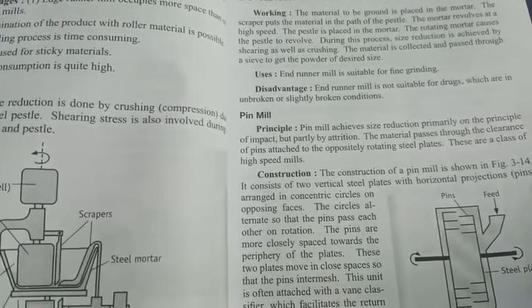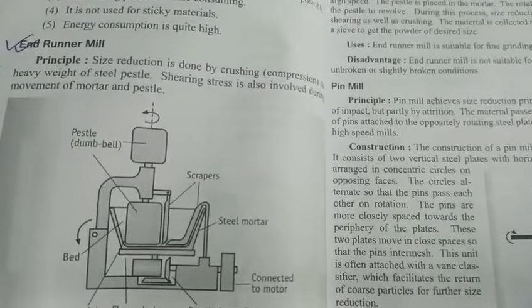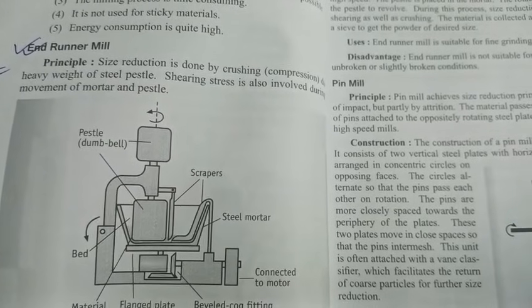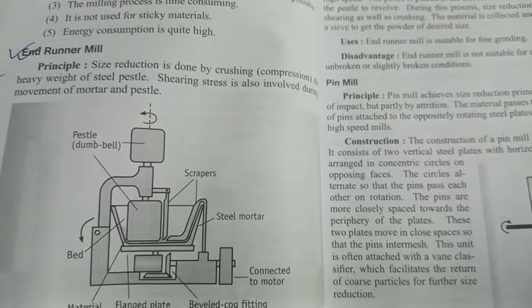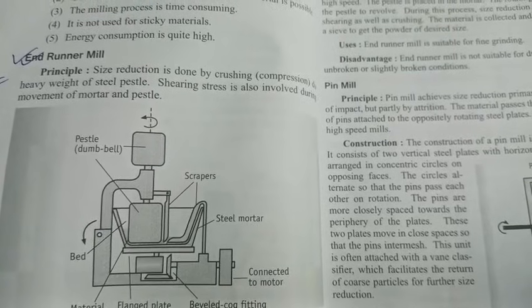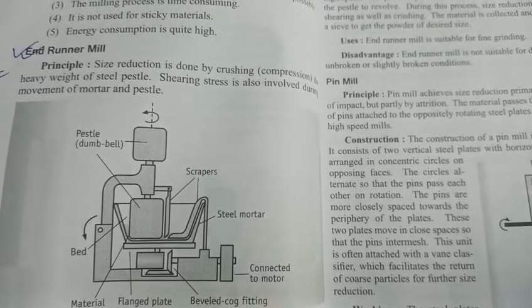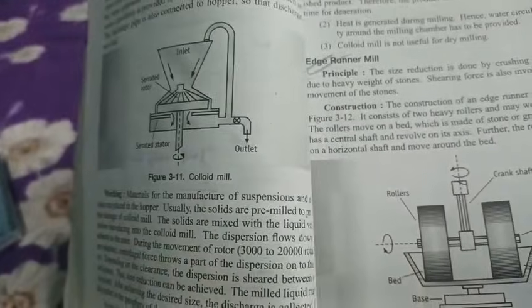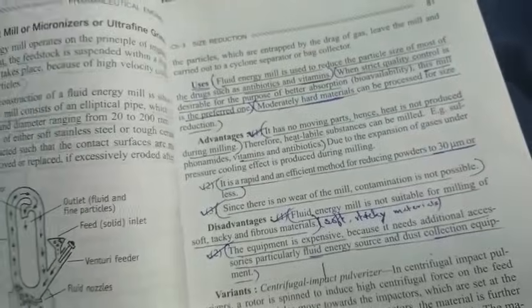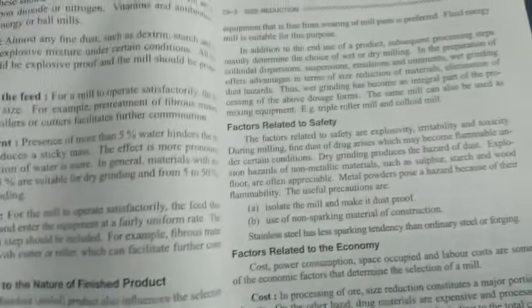For sessional, give importance mainly to broad questions, not short questions. For short questions you have to learn the principles and uses. For broad questions, learn the end runner mill, ball mill, hammer mill, fluid energy mill, and colloid mill; these three or four things.